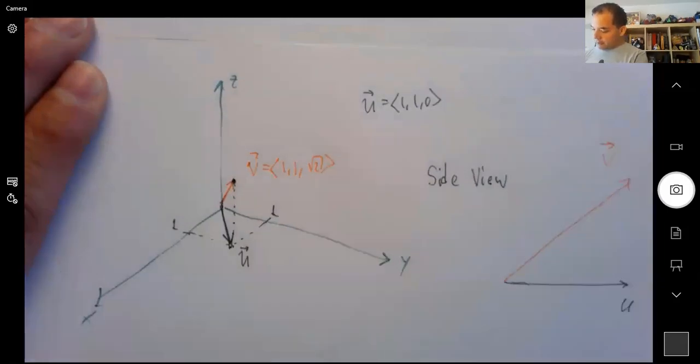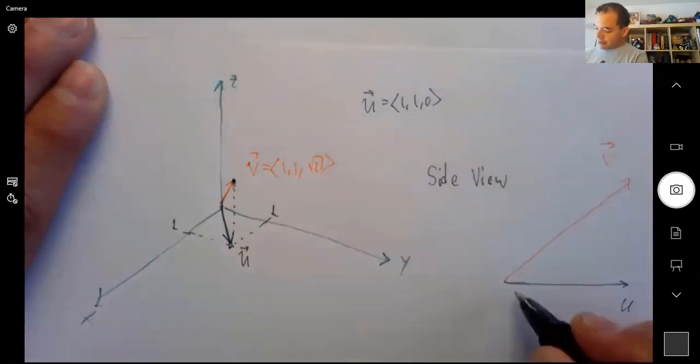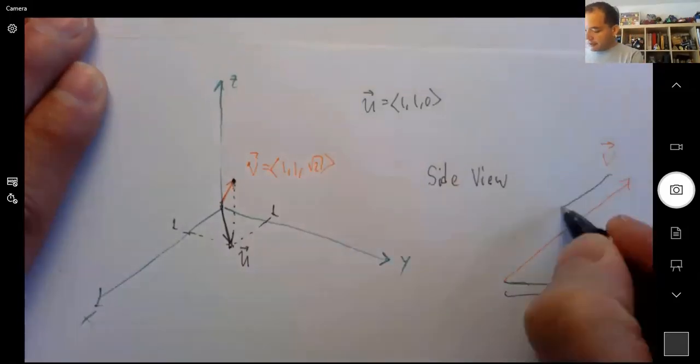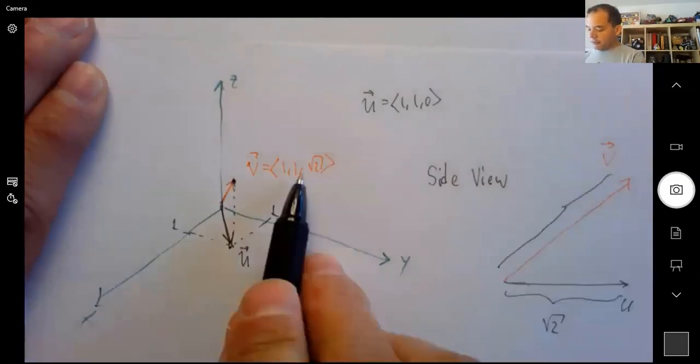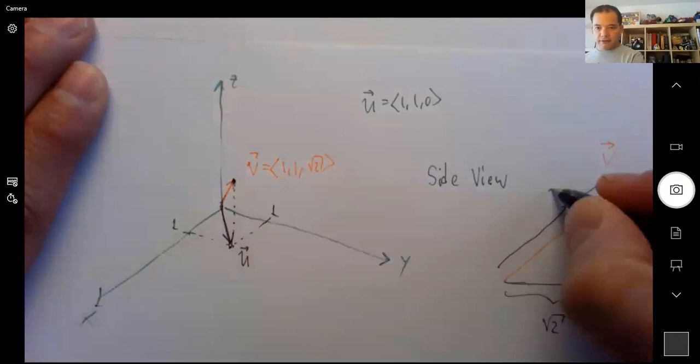What is the length of 1, 1, 0? Well, it's 1 squared plus 1 squared, so this one has length square root of 2. And this one has length square root of 4, so 2, right?